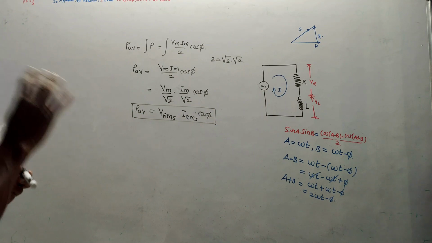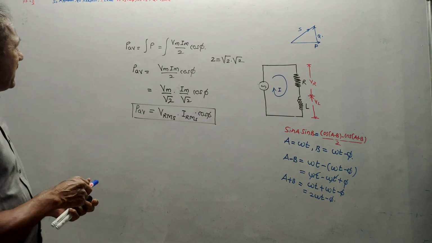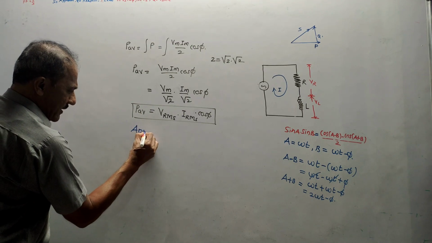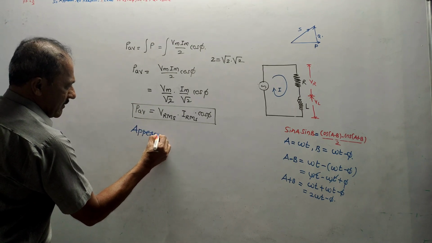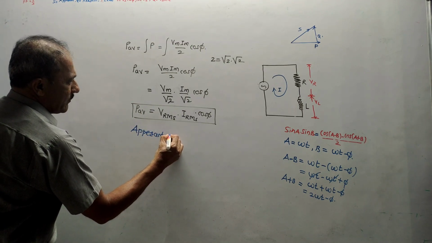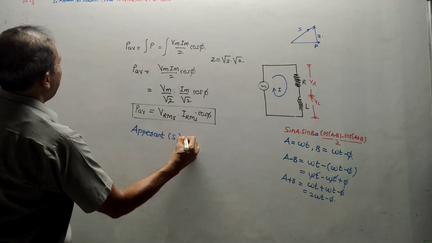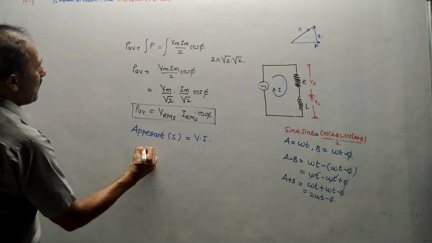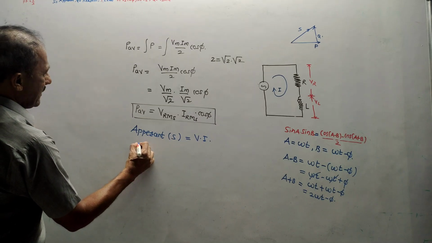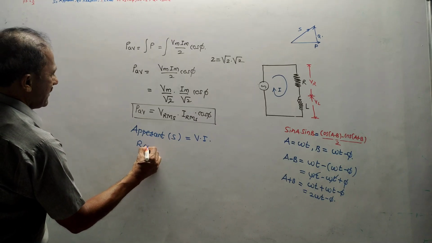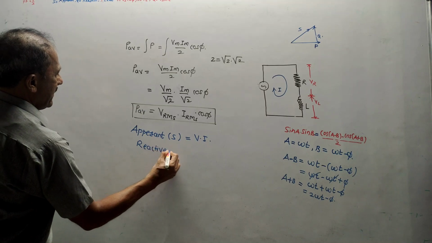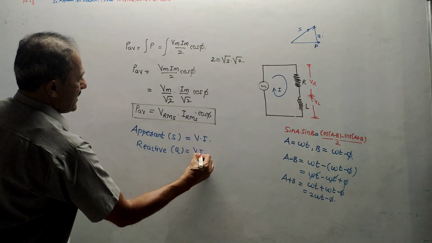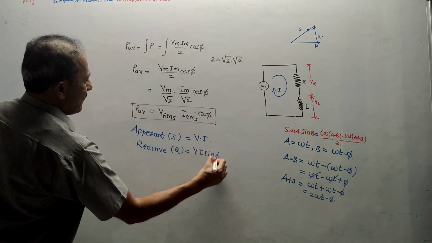Now, as far as power is concerned, there are 3 different types of powers. One is known as apparent power, which is denoted by S, and it is given by V into I. Second type of power is known as reactive power, which is denoted by Q, and it is given by VI sin phi.